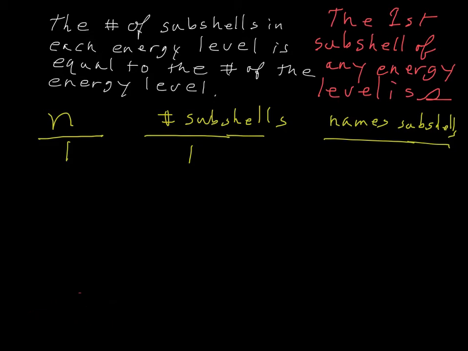So we have the first energy level can only have 1 subshell, so we call that subshell 1S, or the 1S subshell. Our second energy level, since it has a number of 2, can have 2 subshells. We call the first subshell in the second energy level the 2s. We call the second one the 2p.